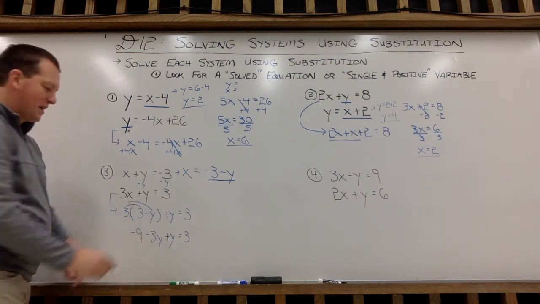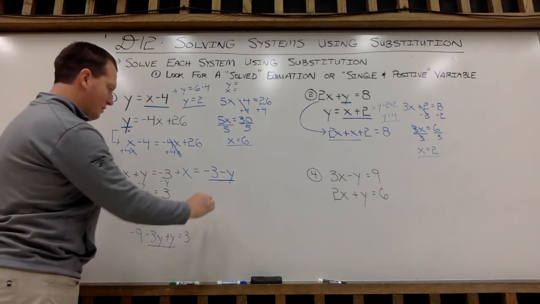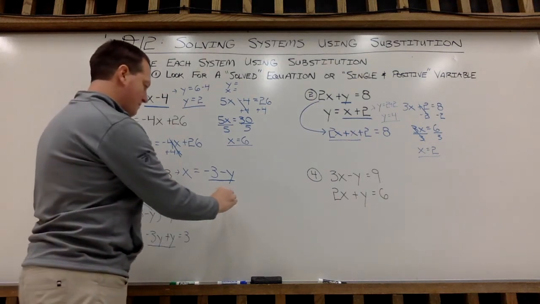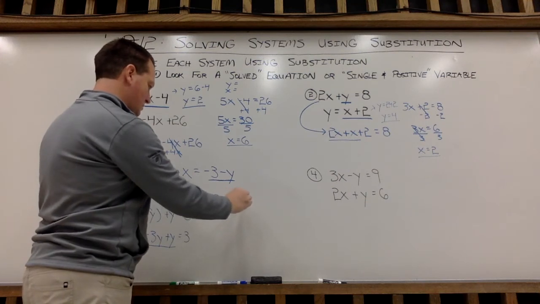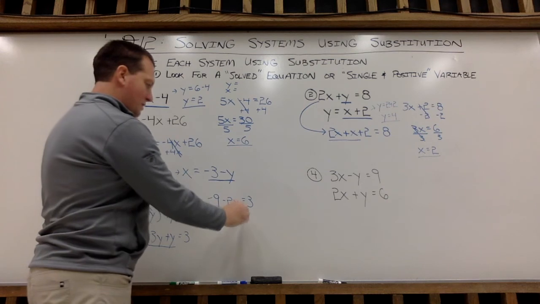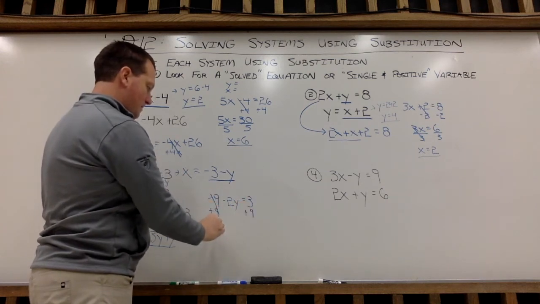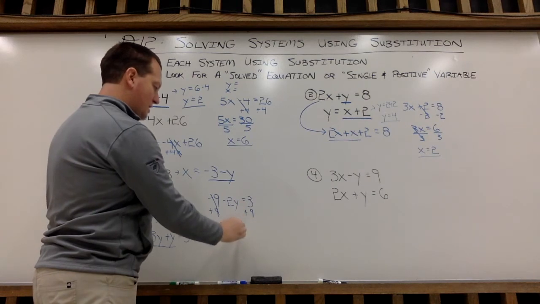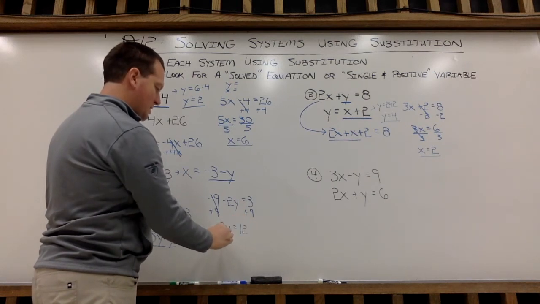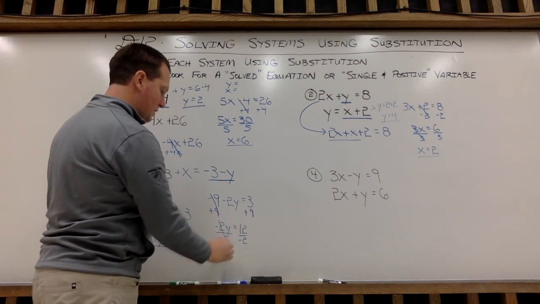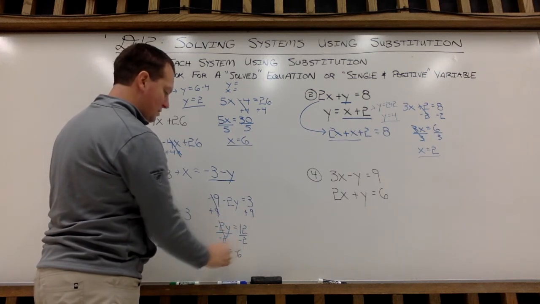My like terms, negative 3y and 1y, will make negative 2y. Get my y term alone by adding 9 to both sides. Negative 2y will equal 3 plus 9, 12. Divide both sides by negative 2, and I will have y equals negative 6.